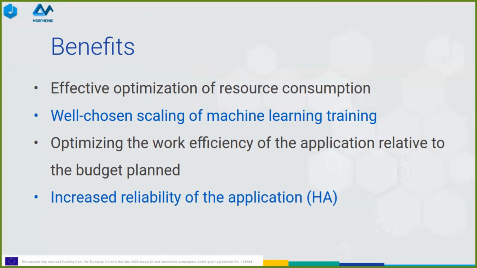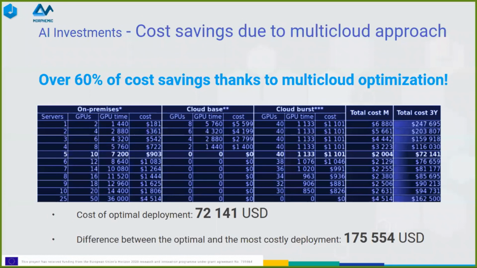In case of an outage of one cloud provider or the on-premises infrastructure, Melodic can automatically move the workload to a different cloud provider to not stop the application and to achieve the highest possible availability. And what are the cost savings benefits? In case of AI investments, it is possible to achieve over 60% cost savings thanks to multi-cloud optimization and careful usage of the cloud resources.